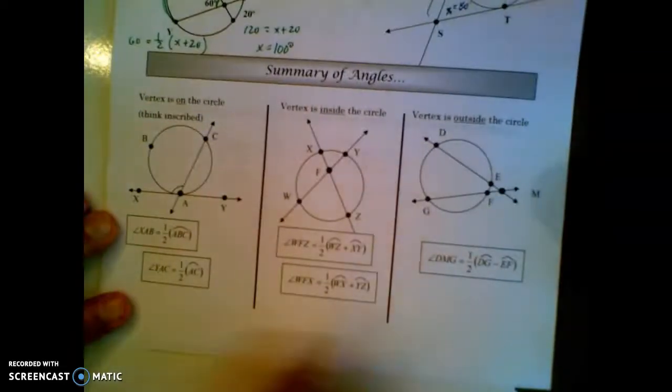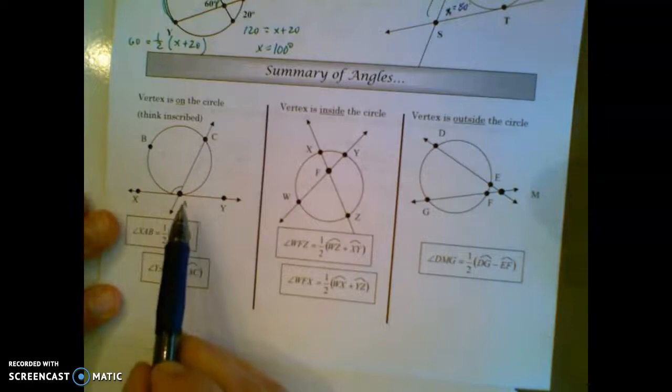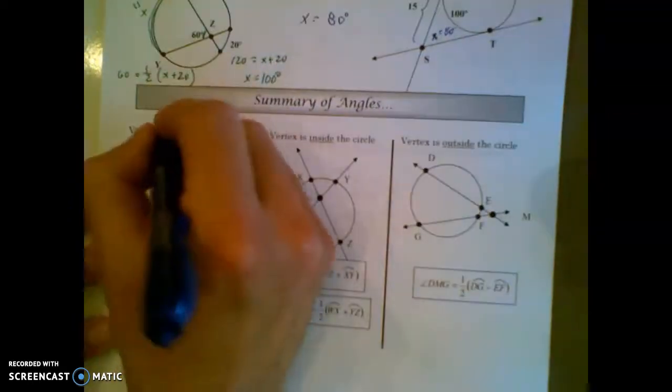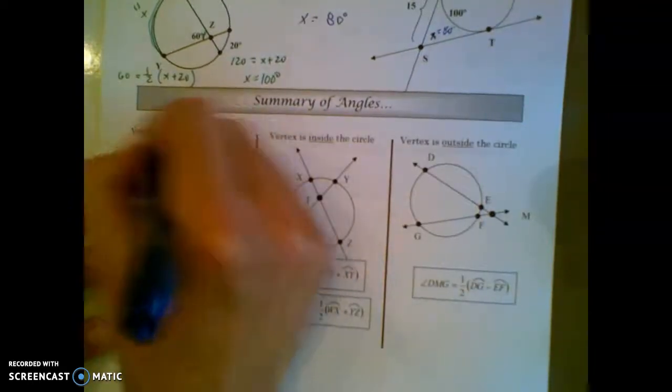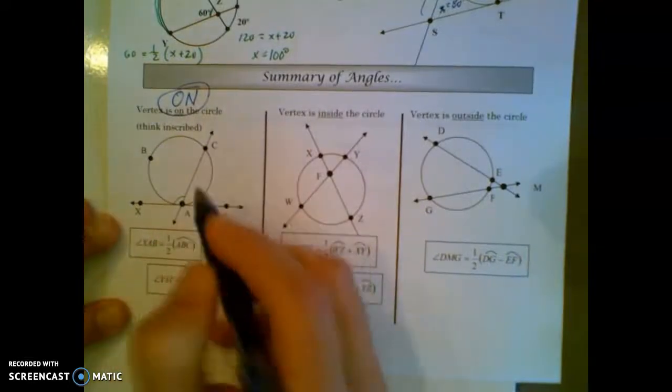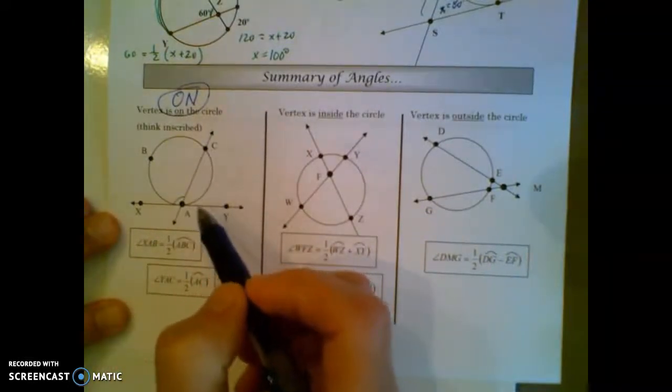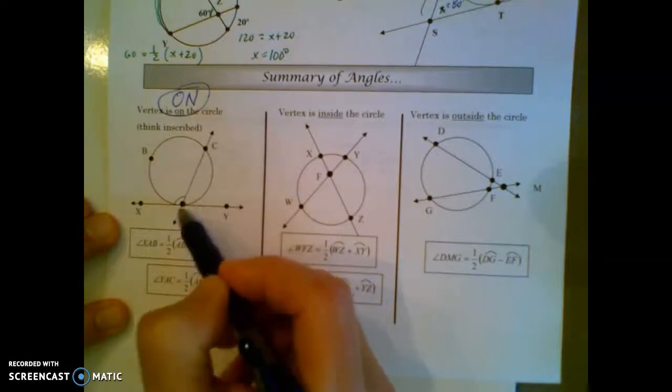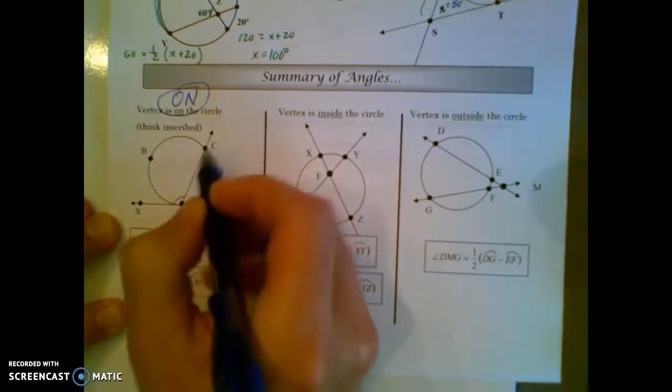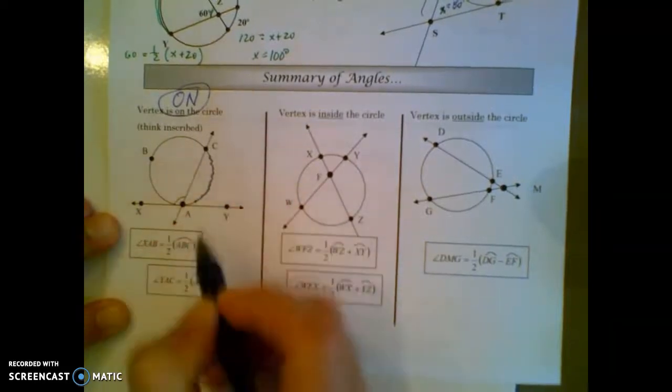All right, so in here, an illustration of everything I talked about. Here's the intersection on the circle. Again, the intersection's on the circle. The angle is going to be equal to half of the arc. It's kind of hard to see here, but this is the angle they're talking about. It's going to be half of this arc right here.